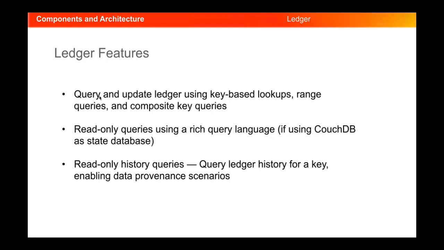Ledger features. You can query and update the ledger using key-based lookups, and range queries and composite queries can be done on the ledger. There are also read-only rich queries, that is, if you use CouchDB as a state database, you can run read-only rich queries on it. And read-only history queries, which query the ledger history for a key, enabling data provenance scenarios.